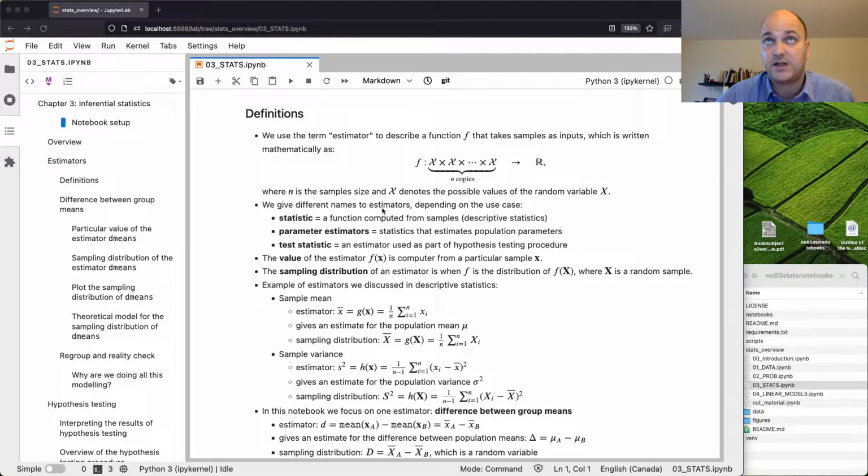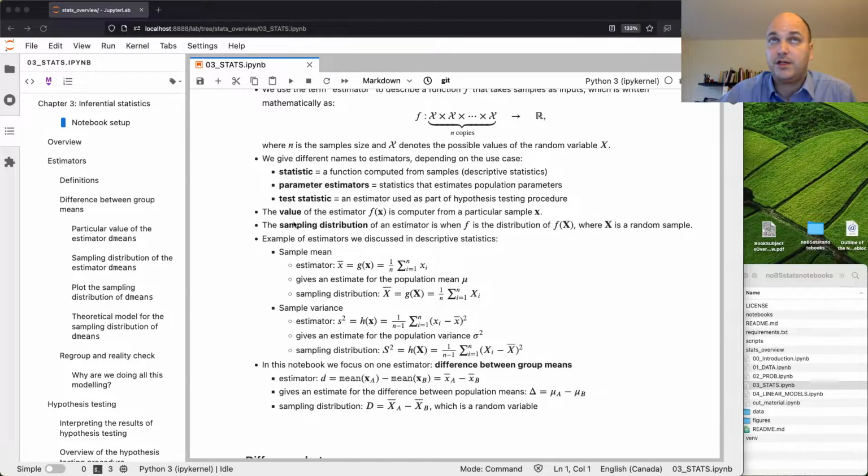We called them statistics when we computed the mean or the standard deviation from a sample. But now I don't want you to think about the number, like the mean, the average of the values in a sample. I want you to think of the function that computes the mean.